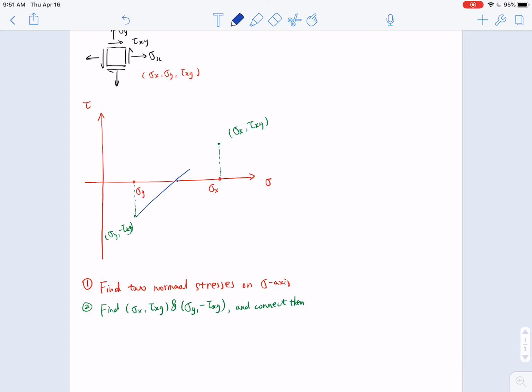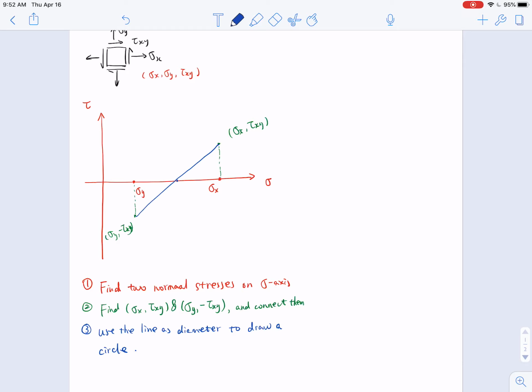Then we can connect these 2 points. We connect these 2 points, you get a line, right? So then we will just use this line as diameter to draw a circle. This is not an easy part.